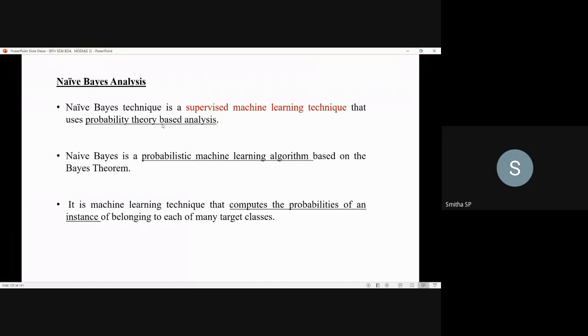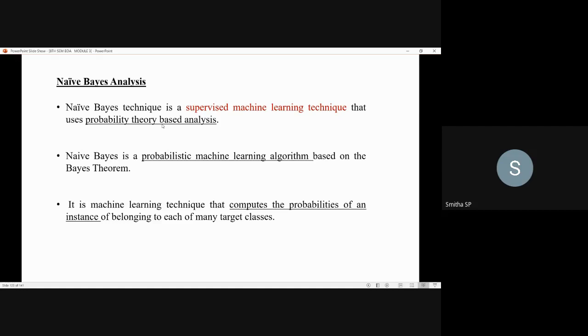Why? Because it is a supervised machine learning technique which uses probability theory based analysis. It is a probabilistic machine learning algorithm based on the Bayes theorem. This naive Bayes analysis is based on the Bayes theorem.